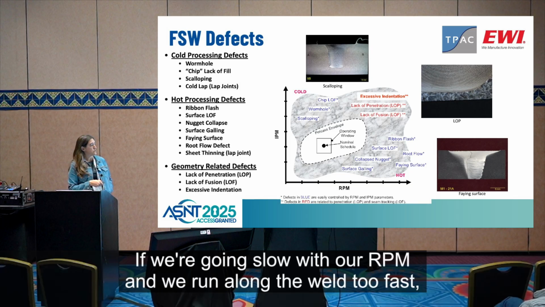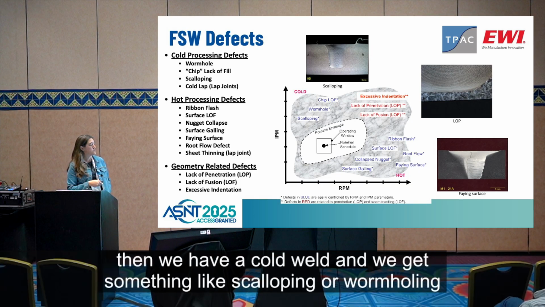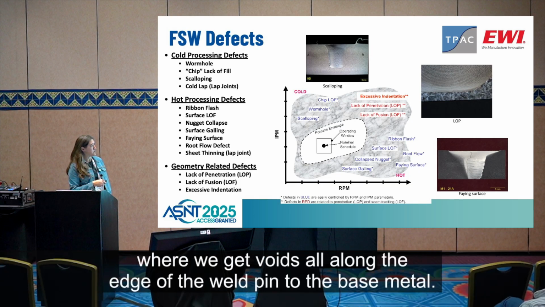If we're going slow with our RPM and we run along the weld too fast, then we have a cold weld and we get something like scalloping or wormholing, where we get voids all along the edge of the weld pin to the base metal.